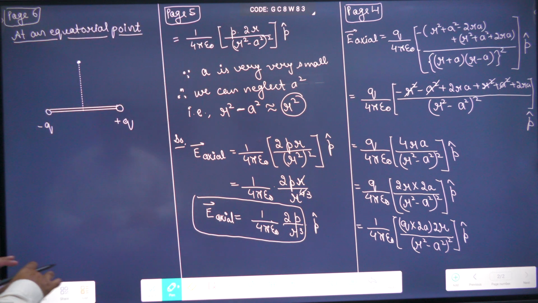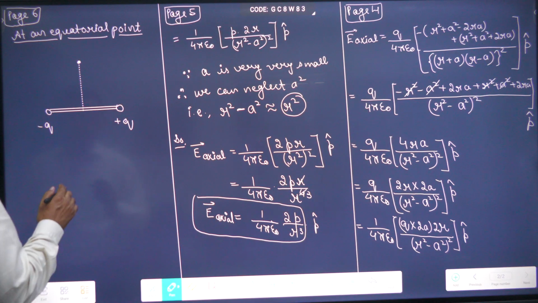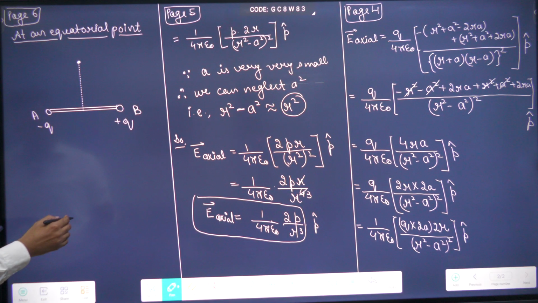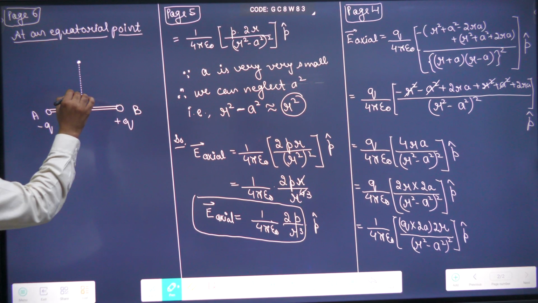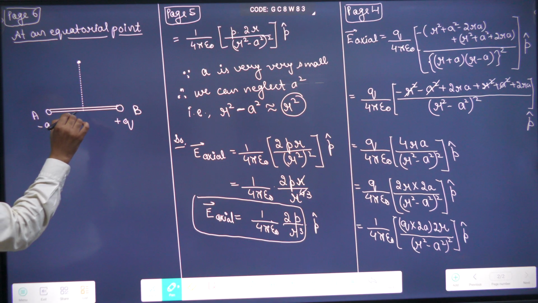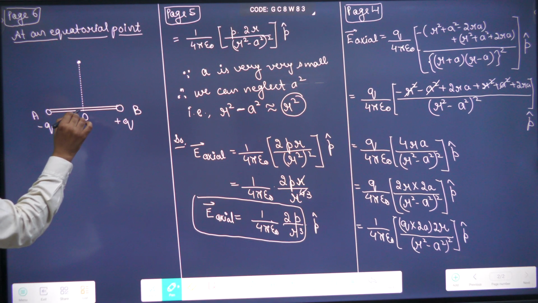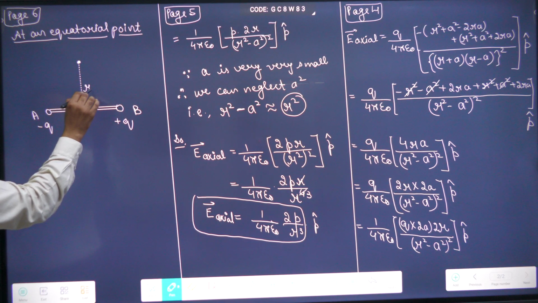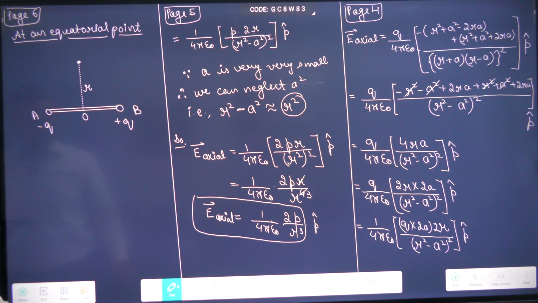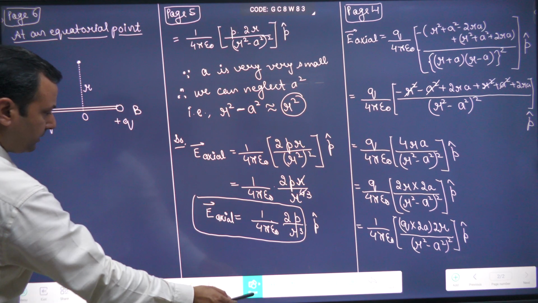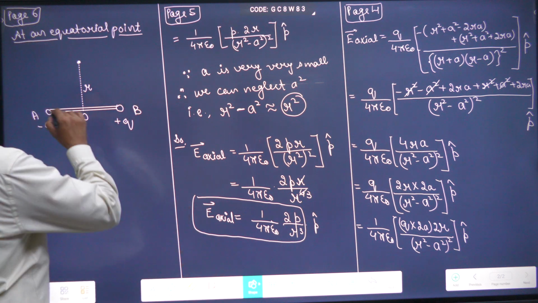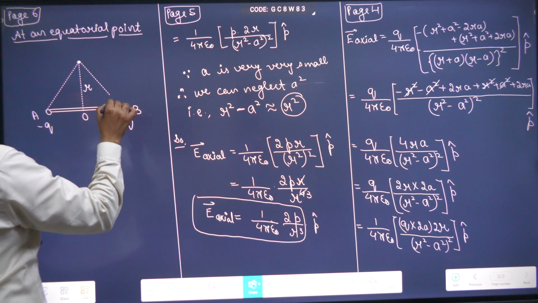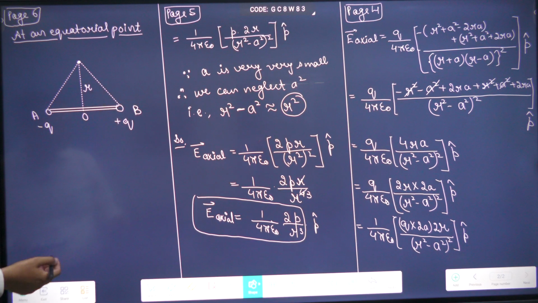Okay, so let us take this point as A, this point as B, and the central point is O, and the distance of the point is taken as R. Now join this one and this one by dotted lines or bold lines, whatever you wish.